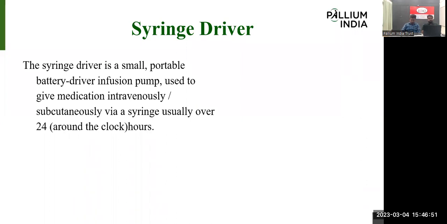Syringe driver, I am just introducing it only. The syringe driver is a small device that we can run on battery. It's a mini portable syringe pump. A syringe pump we need to set in a stand and immobilize the patient in bed.